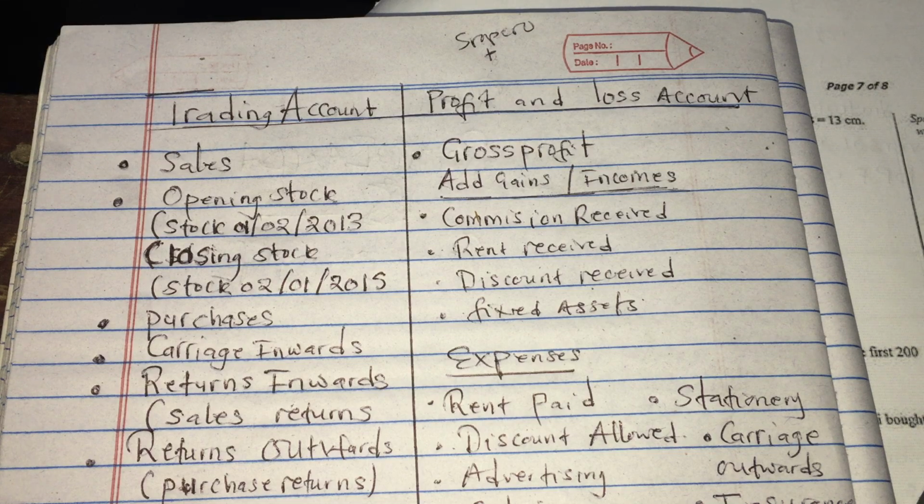So I'm going to take you through the introduction of this topic so that you understand it fully, where the trading profit and loss account starts from. All right. So now, if I say trading profit and loss account, I'm not referring to one thing.